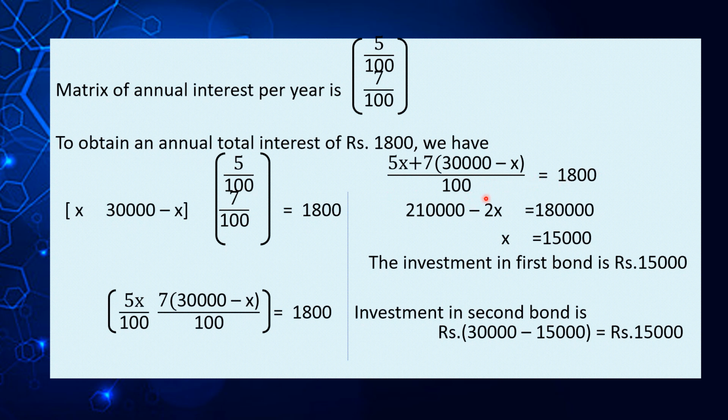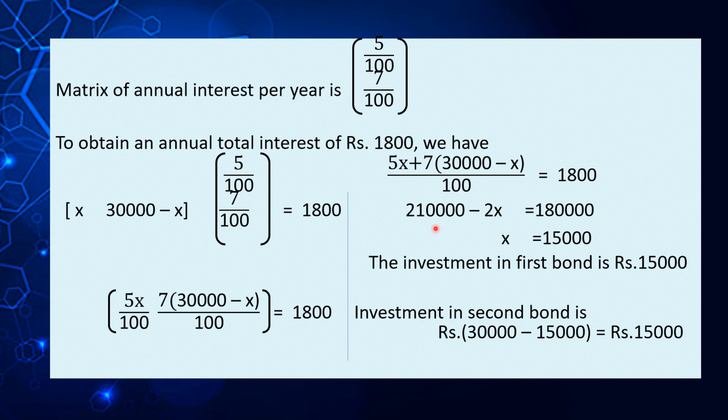Multiply 100 into 1,800, we get 1,80,000, and multiply 7 into 30,000, we get 2,10,000. Adding 5x and minus 7x, we get minus 2x.